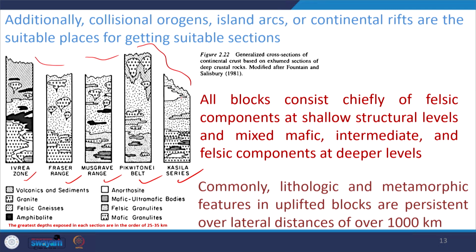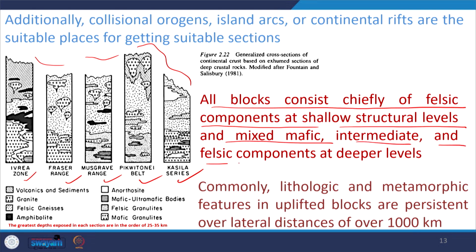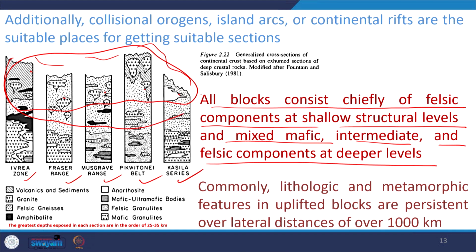A very common thing is that all blocks consist chiefly of felsic component at shallow structural level and mixed mafic, intermediate and felsic components at deeper level. All these orogenic belts are placed thousands of kilometers apart from each other. Very common is that the upper part is mostly of felsic origin.